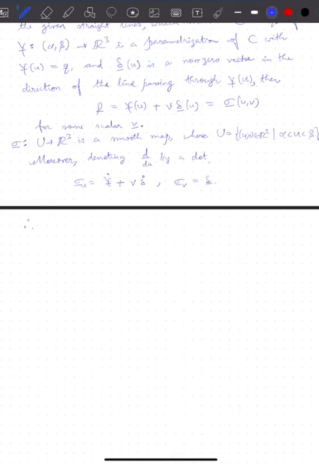Now, therefore, sigma is regular if sigma u cross sigma v is not equal to zero vector. This implies that gamma vector plus v delta vector and delta vector are linearly independent.